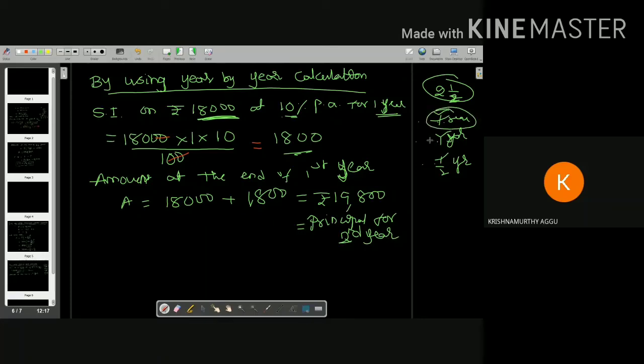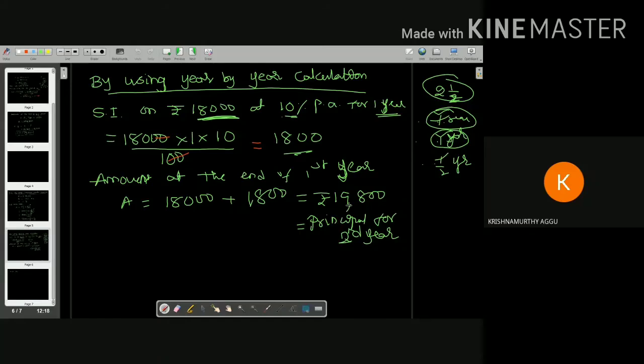This is clear. Next, I wanted to find for one more year, that is second year. In the second year, principal will be 19,800, but not 18,000. Next year's simple interest we have to find out. SI on the previous amount. What is the previous amount? 19,800.